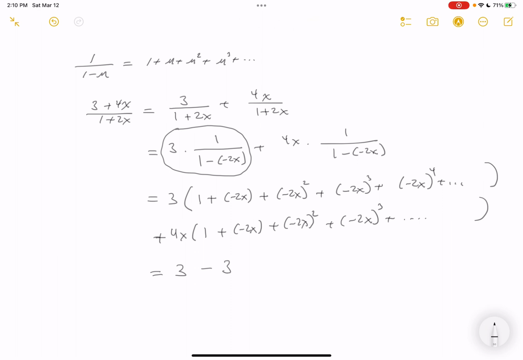It's going to be 3 times 2x, and then it's going to be 3 times 2 squared x squared minus 3 times 2 cubed x cubed plus 3 times 2 to the 4 x to the 4 plus yada, yada, yada. By the way, I put a plus down, I'm not saying that the sign is there. I'm just saying there's plus something. We're adding things on later on.